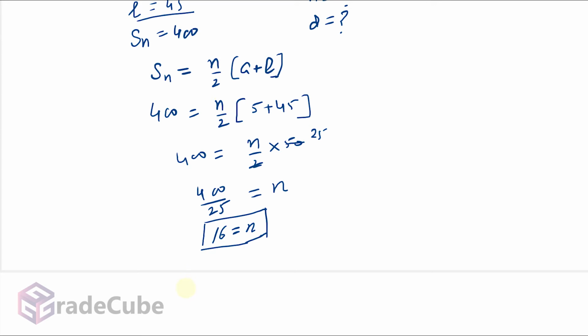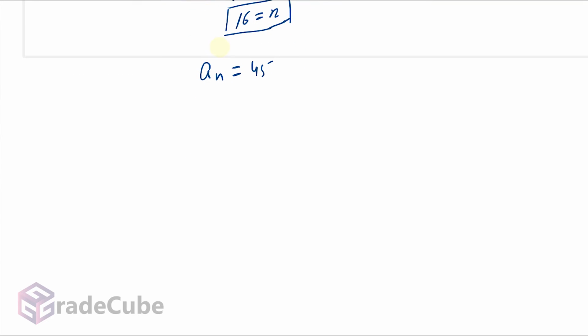So let's calculate the value of d from the formula of an. Here an is the last term, which is 45. We will calculate the value of d by using the values of a and n. Formula for an is a plus (n minus 1) d. Value of an is 45.